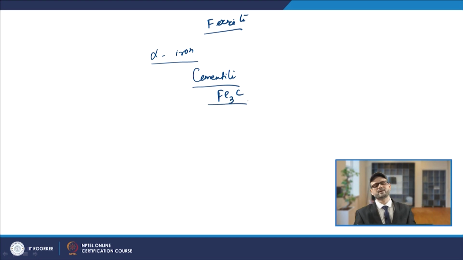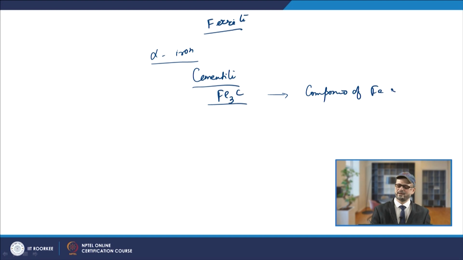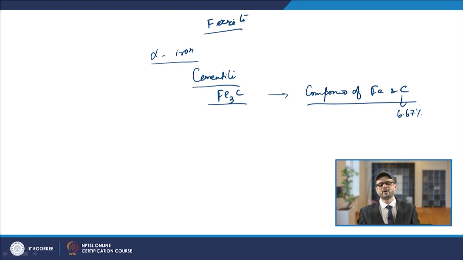It is basically a chemical compound of iron and carbon, with carbon about 6.67%, and it is formed at about 1500 degrees centigrade. It is the hardest constituent found in the iron carbon alloys. So, it is extremely hard.